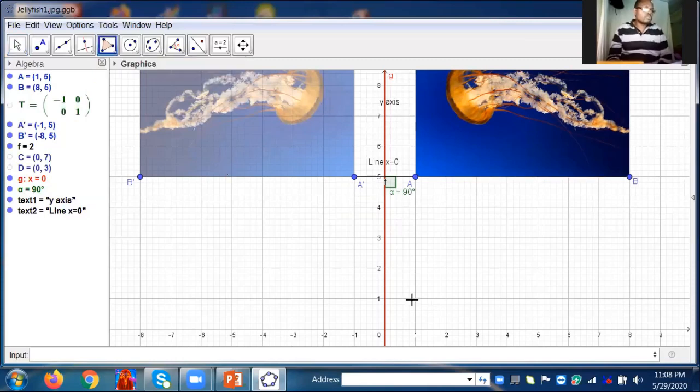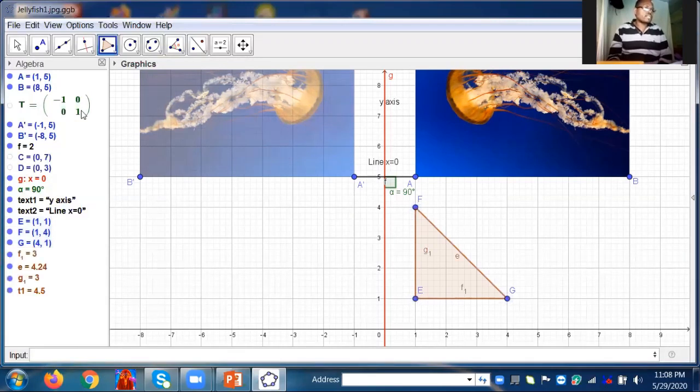So I'm going to draw a triangle ABC. So we have triangle ABC. Basically, actually it is triangle FEG, and then we can apply this matrix on this triangle.